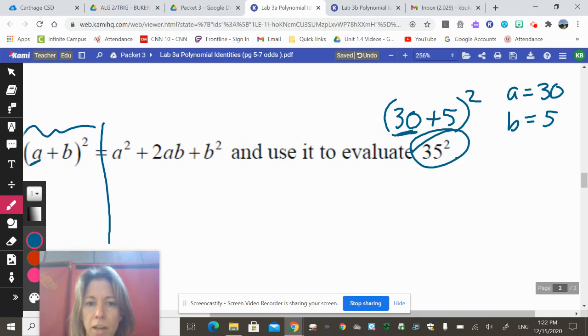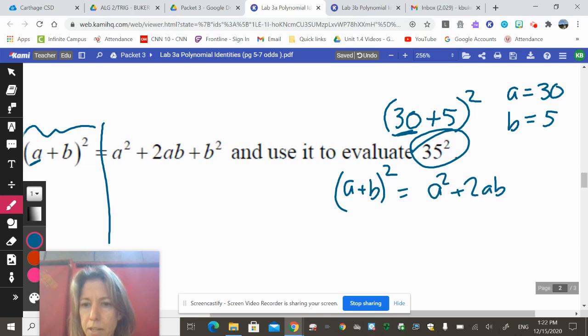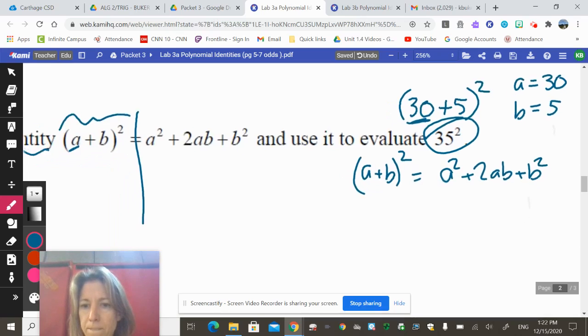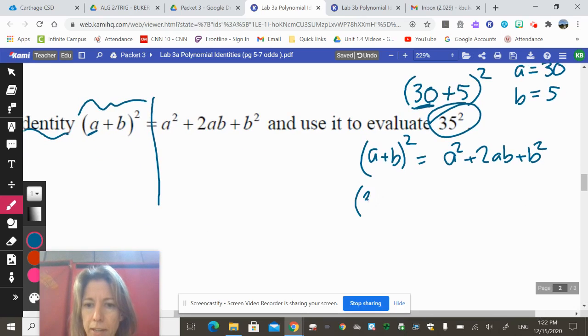All right, so basically what they're saying the identity is, instead of A plus B squared equals A squared plus 2 times AB plus B squared, I can plug in 30 for A and 5 for B, and this will allow me to do 35 squared in my head.